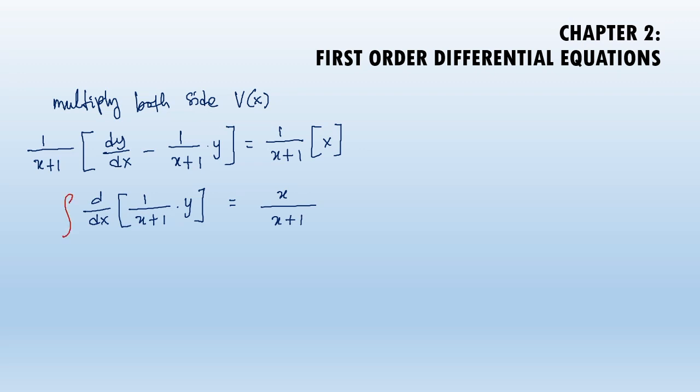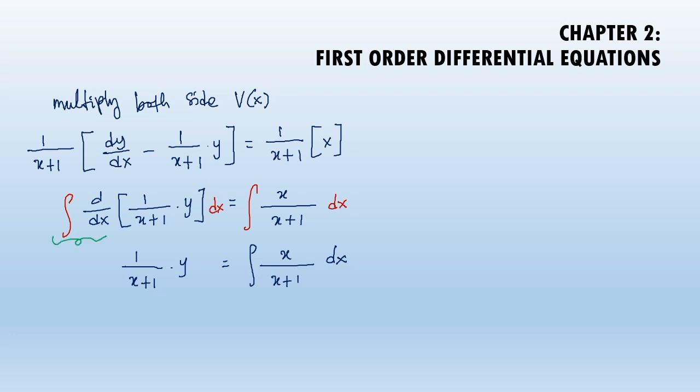Then by integrating both sides with respect to dx, we're gonna end up with 1 over x plus 1 times y equals integrates of x over x plus 1 with respect to dx.